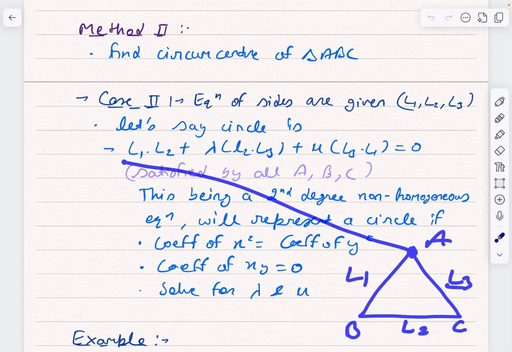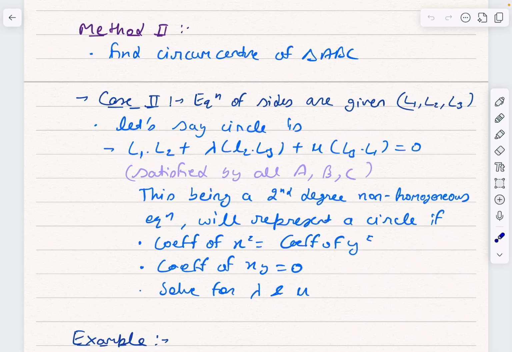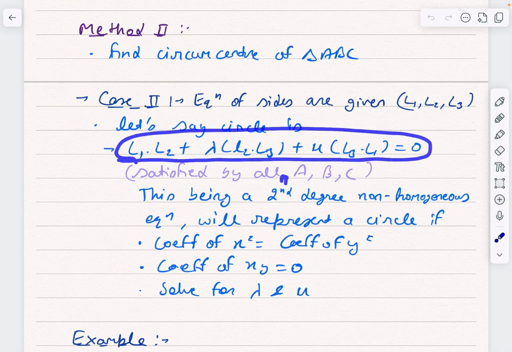So, if I put A here, L1 will be 0, so this will be 0. L3 will be 0, so this will be 0. Again, L1, L3 both will be 0, so this will also be 0. You will see that no matter what the value of lambda and mu is, this equation will be satisfied by point A, B point also, C point also. So that means whatever this equation represents will pass through A, B, C.